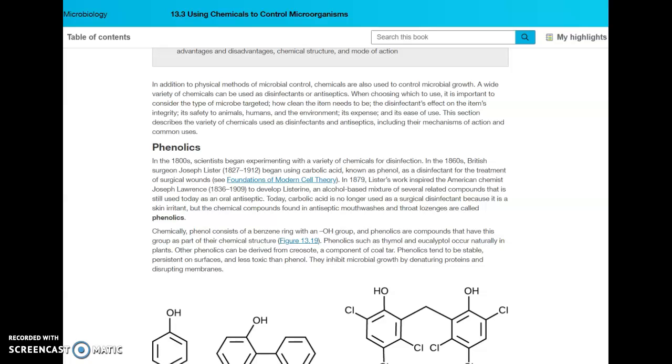So is it safe for us to use, and is it safe for the environment? Cost, of course, we have to consider, how expensive is it? And then how easy is it to use? So we have a lot of factors that we have to discuss and look into before we decide on the correct chemical to use.